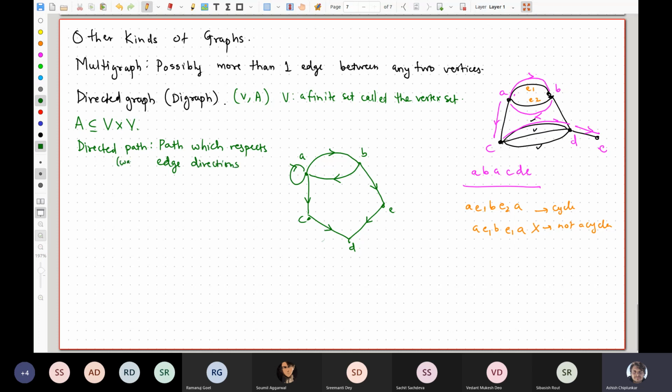Path or even a walk, or even a cycle for that matter.